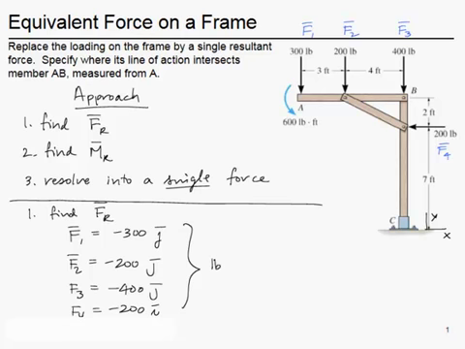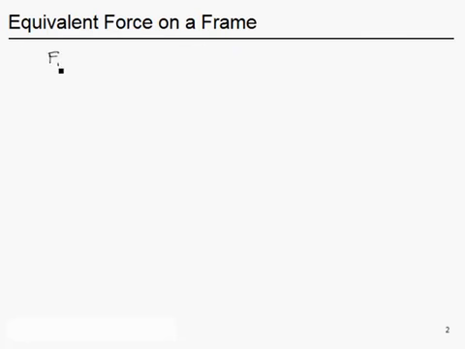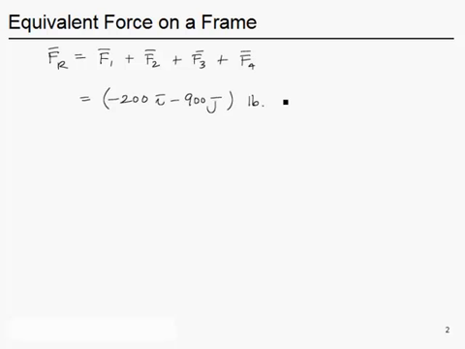So when we put them all together, Fr is the vector sum F1 plus F2 plus F3 plus F4, and when we add that all up, that just turns out to be minus 200 in the i direction minus 900 in the j direction, and that's got units of pounds. So that was easy enough to do.